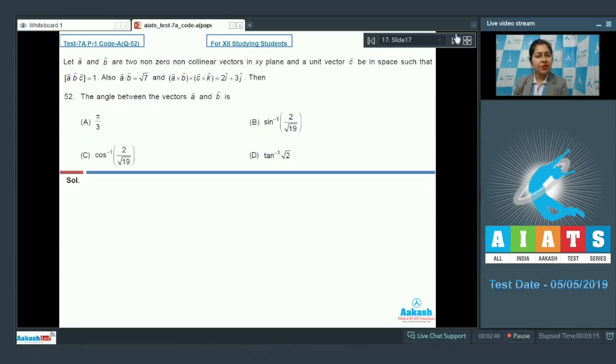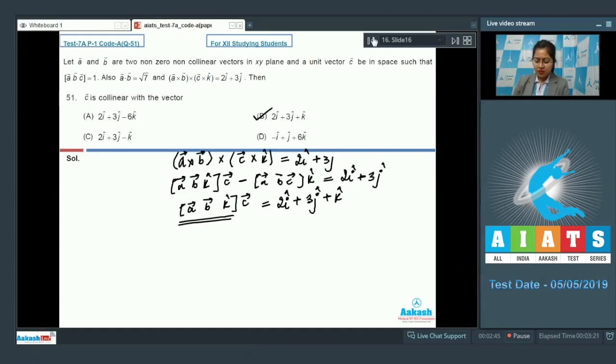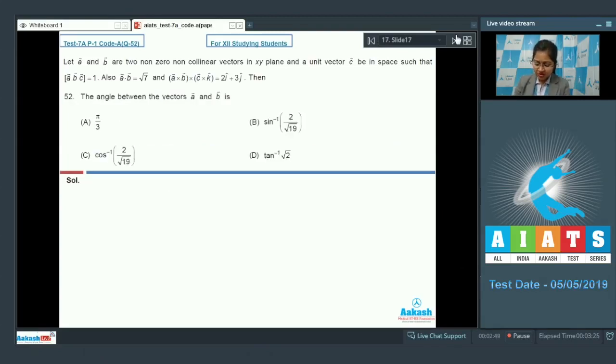Let's discuss question number 52 now. Here we have to find the angle between the vectors A and B vector. So we have just found out that the scalar triple product [A, B, K cap] C vector is equal to 2I cap plus 3J cap plus K cap.